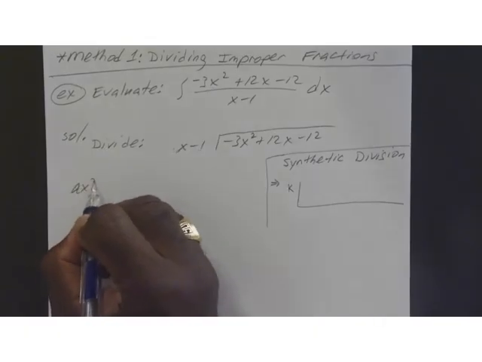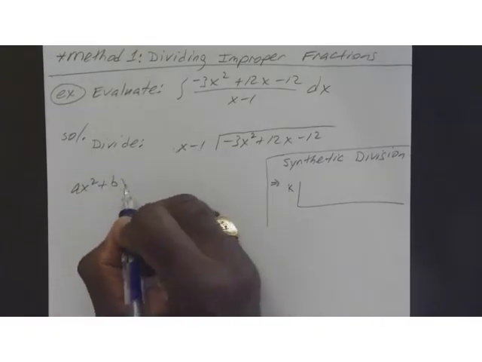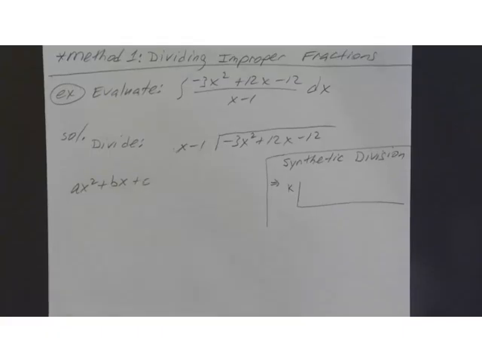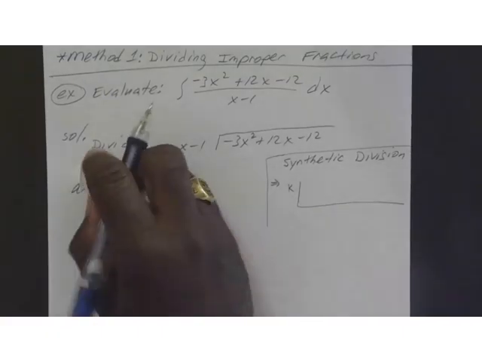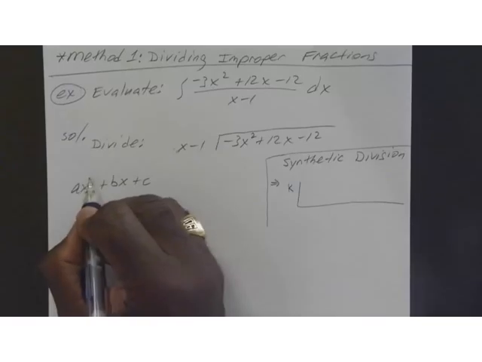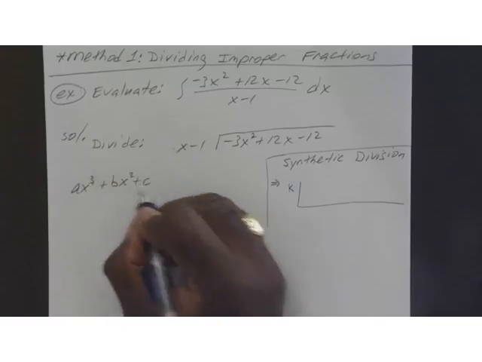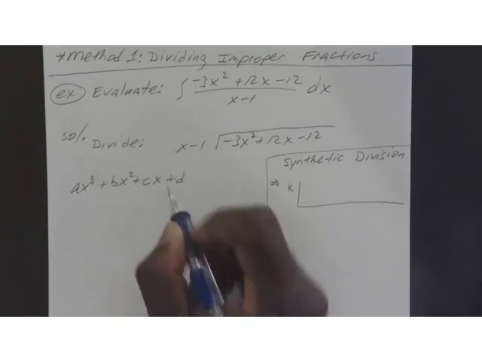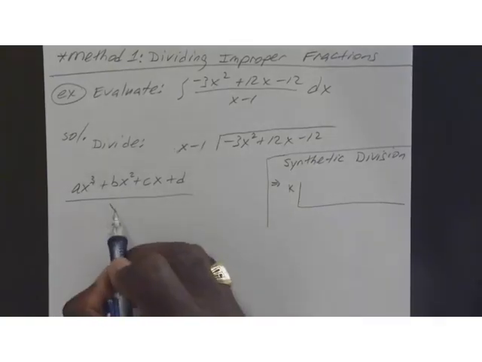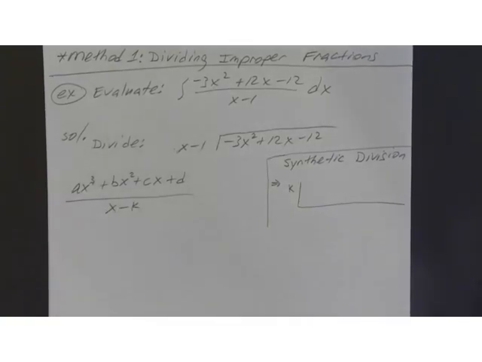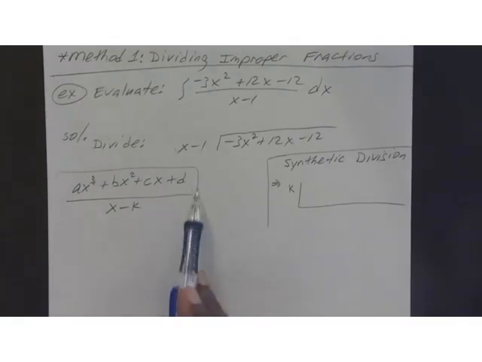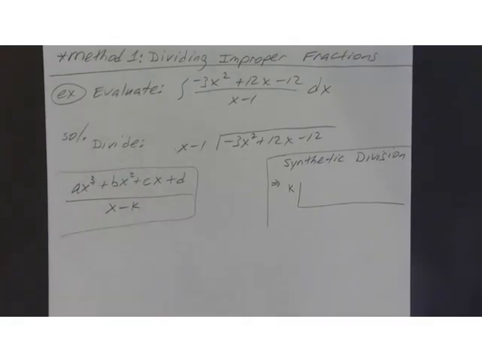So you have ax squared plus bx plus c. Actually, let me make that a little longer. Let's make it ax cubed plus bx squared plus cx plus d divided by x minus k. And of course, it can go a lot longer than that.